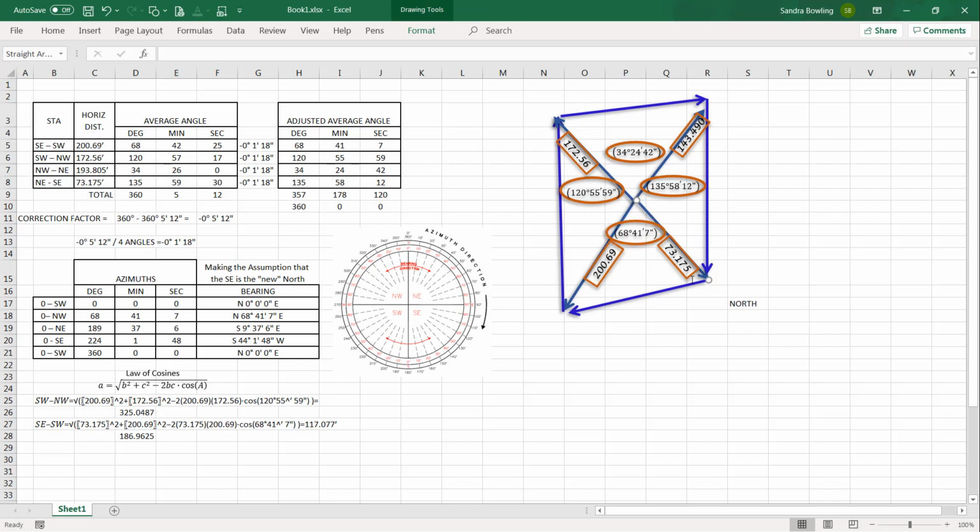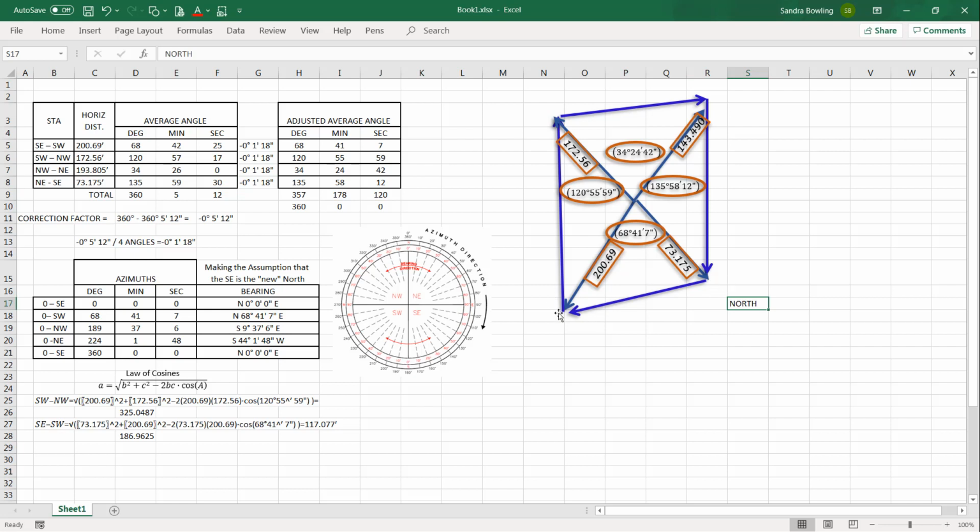My first azimuth to the, and all of these are backwards, sorry: southeast, southwest, northwest, northeast, and then southeast. Had a typo. So the southeast is my new north.